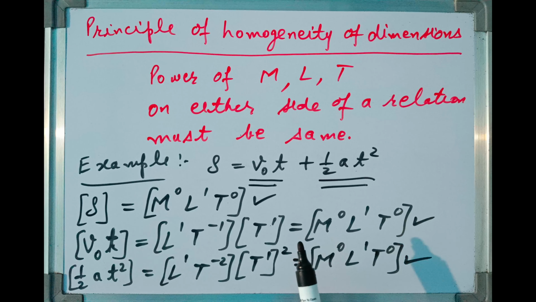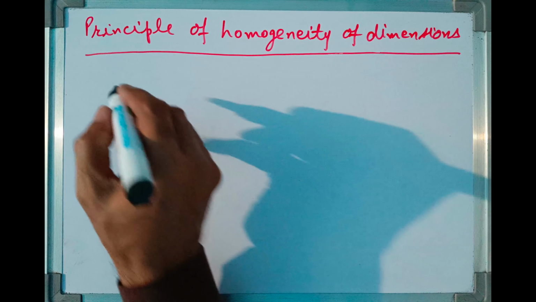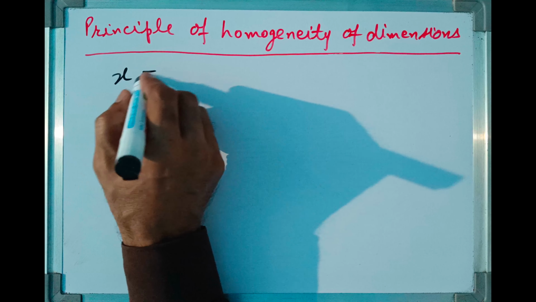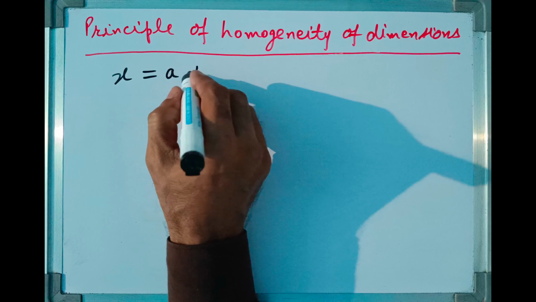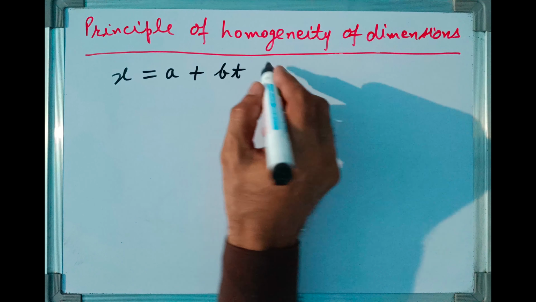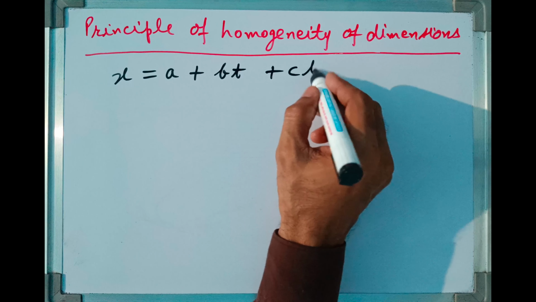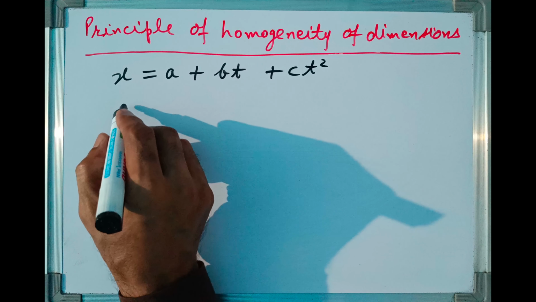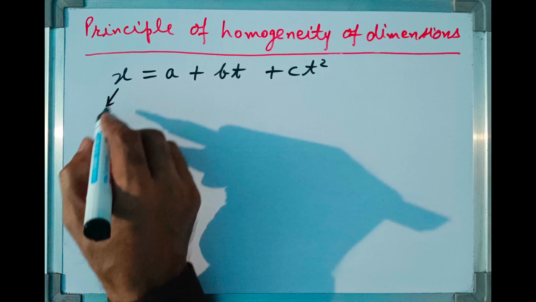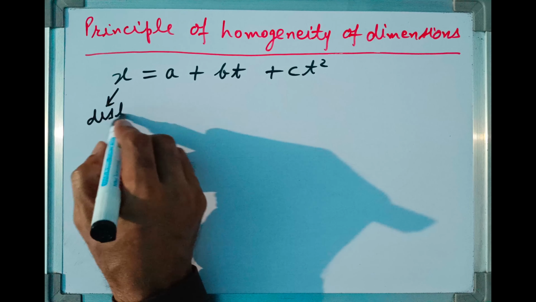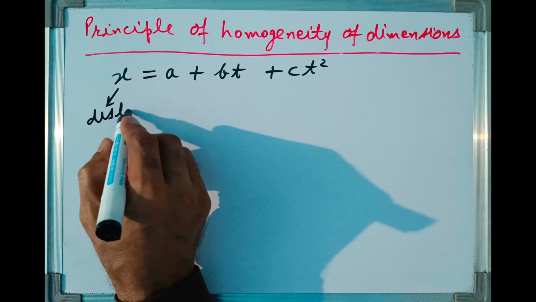Let me share one more example. Suppose we are given x equal to a plus bt plus ct square, where x represents distance and t represents time.